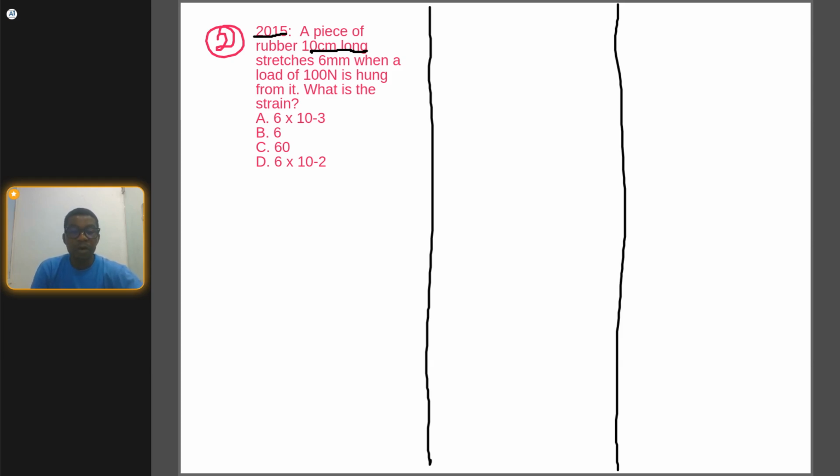And the question is, what is the strain? So here, we are going to be solving for the strain.